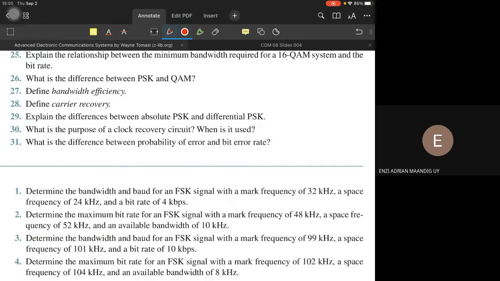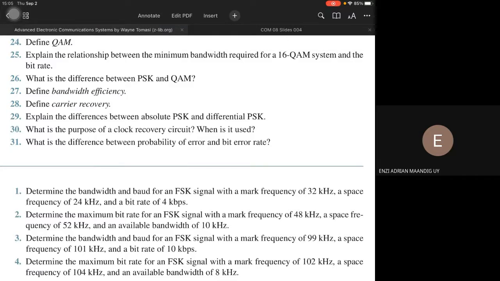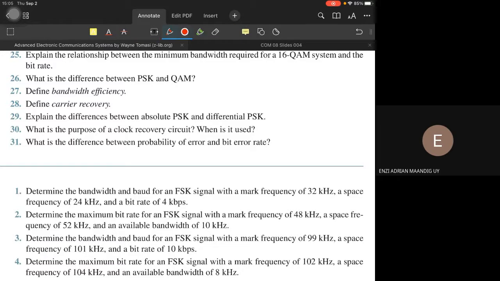1, 2, 3, 4. Earlier it was the first one, now just the second one. Solve number 2. Determine the maximum bit rate FB for an FSK signal with a mark frequency of 48.